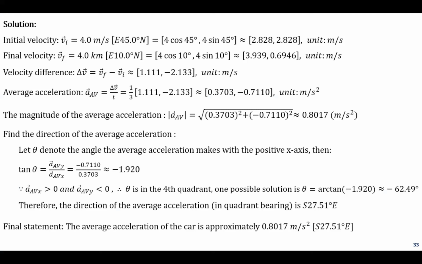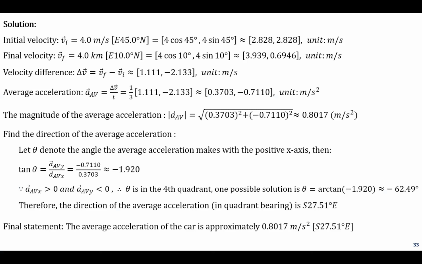And this gives us approximately 0.3703 and negative 0.7110. This is the Cartesian form of our average acceleration. The unit is SI unit, meters per second. Oh, sorry, meters per square second.